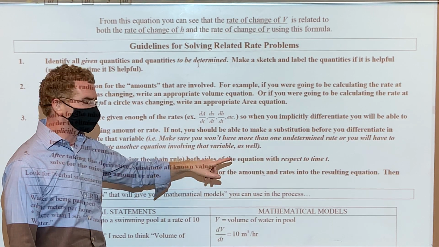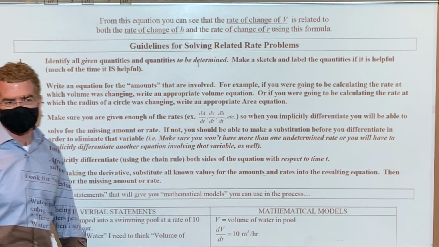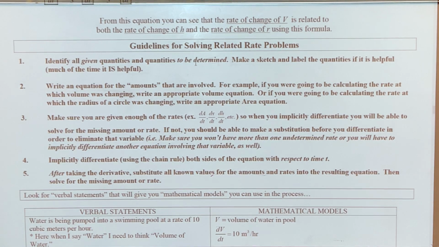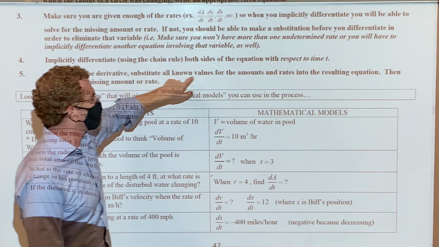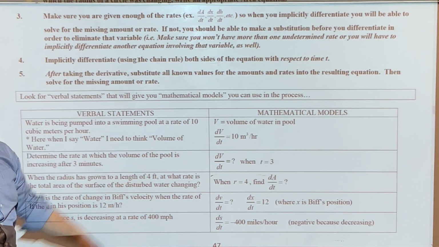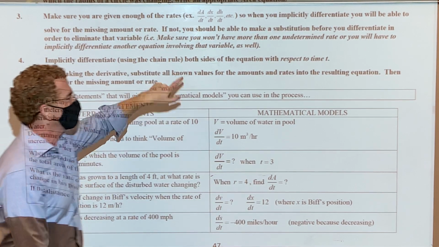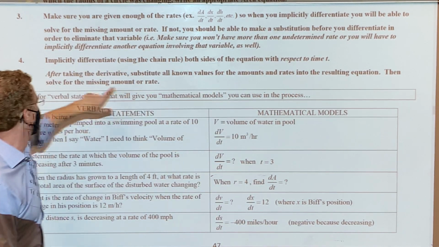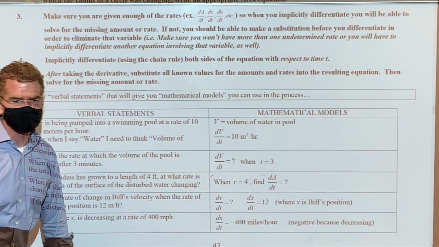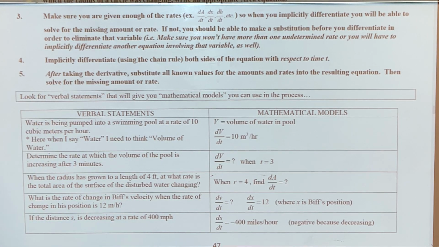And make sure you do that with respect to time, which is almost entirely what we're doing in this section. And then when you're finally done, substitute every known value, all the stuff that you wrote down from the beginning, plug it all in there, and for the rates, the values, anything you have, plug it in there and solve for the missing amount. And that's related rates.